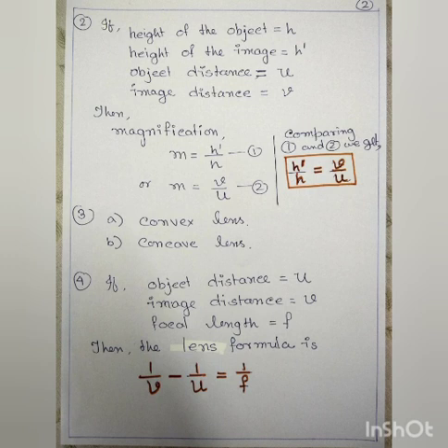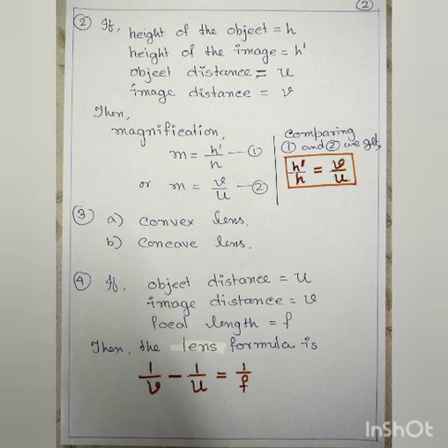This minus sign was not given by mistake. This is the formula of the lens: 1/v - 1/u = 1/f. But for the mirror formula it is positive. For the mirror formula, 1/v + 1/u = 1/f. But for a lens, remember it clearly, 1/v - 1/u = 1/f.